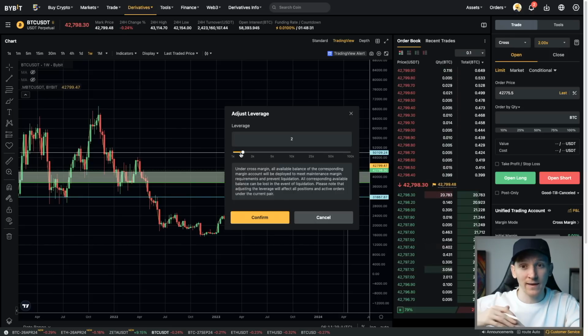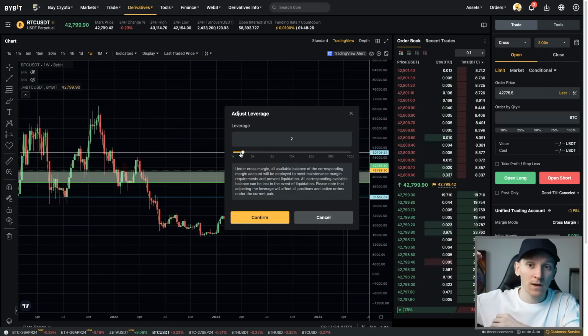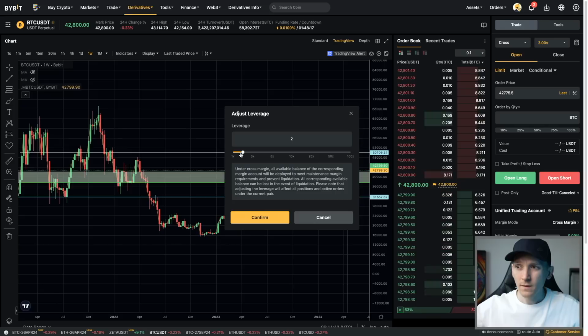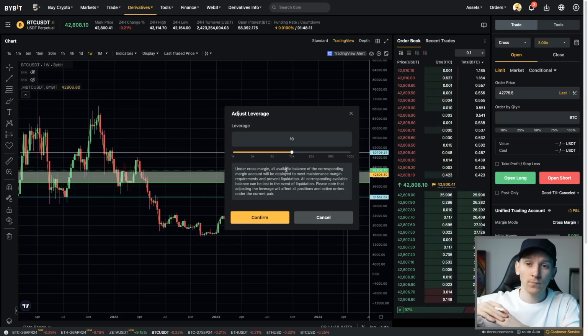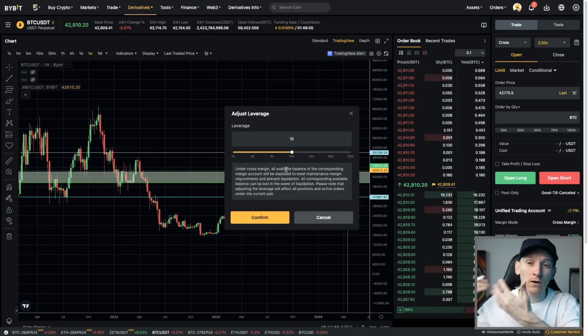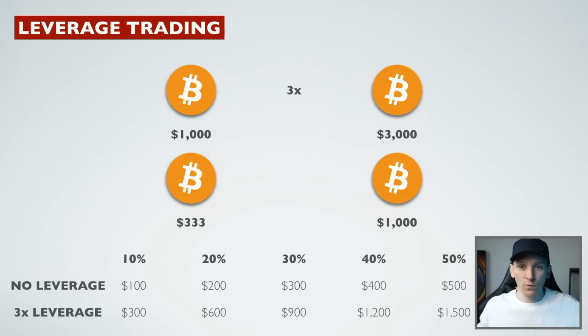So a 50% downside move wipes out your initial position. So a 50% downside move is actually, in relation to your underlying position, a 100% move. So it doubles the moves up and down. And of course, as you go up, if you have 10x leverage, that essentially means that you've got $1,000 in, your position is $10,000, and so a 10% move on your open position to the downside, if you're going long, wipes you out.